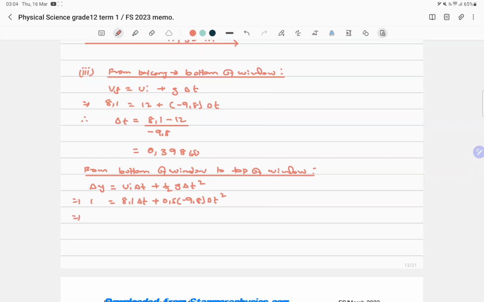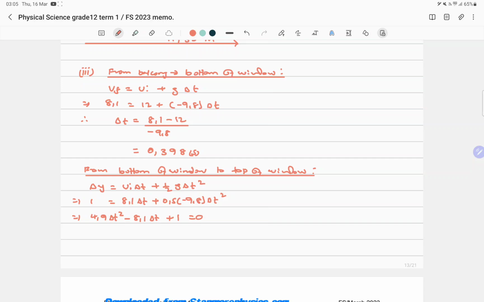This implies, now we're going to get a quadratic, right? So this one is going to be minus 4,9. When we transpose it, it's going to be 4,9 delta t squared minus 8,1 delta t plus 1. So I'm already solving and transposing things so that I don't waste time.